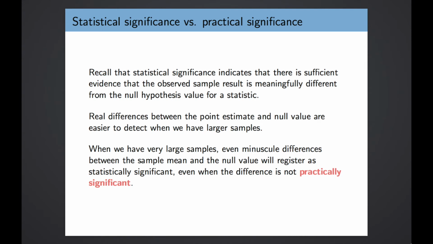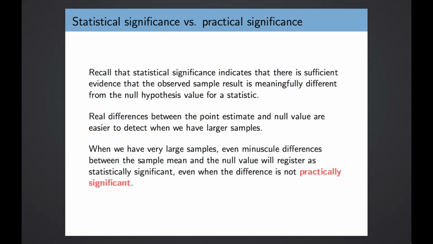So when we're talking about statistical significance, just to reiterate, what we're talking about is finding through our mathematical formulas and statistical tests that there is sufficient evidence that what we observe in our sample is meaningfully different from whatever we've hypothesized under the null hypothesis. So our value for our sample statistic is meaningfully different from our hypothesized value under the null.